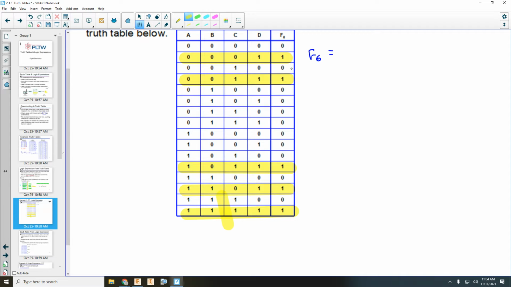Okay, what's my first term here in the second row? What's my term, represented by all these things? How would I write that down?